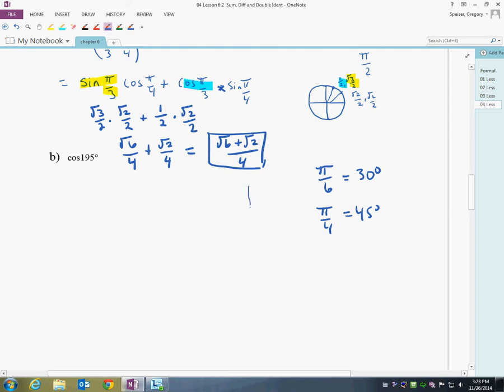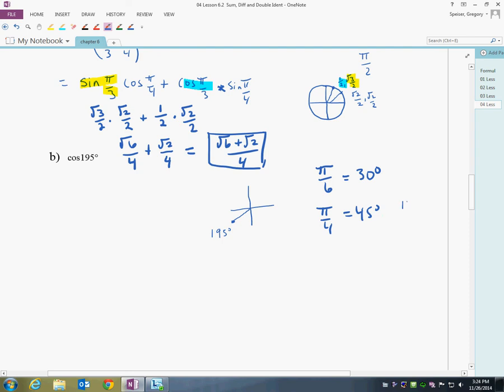Sometimes it helps to think about where it is. So 195 is going to be 180 plus another 15. So it's going to be 180 and then an extra 15 over there. That's 195 degrees. So how could we make that? Well, it seems to me that you're going to need one of these 45s, right? Because it ends in a 5.